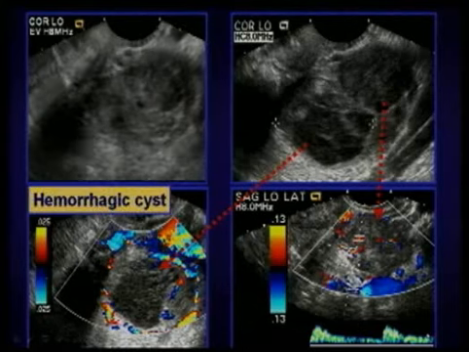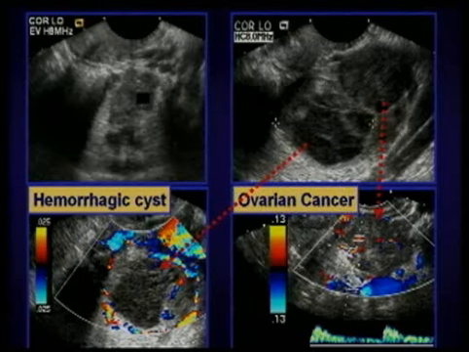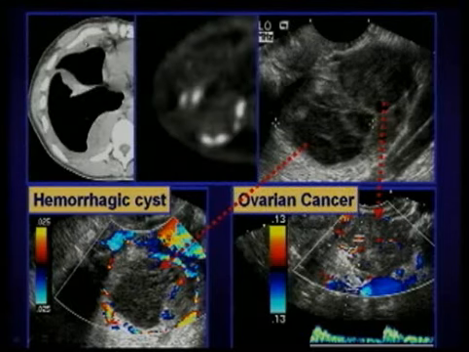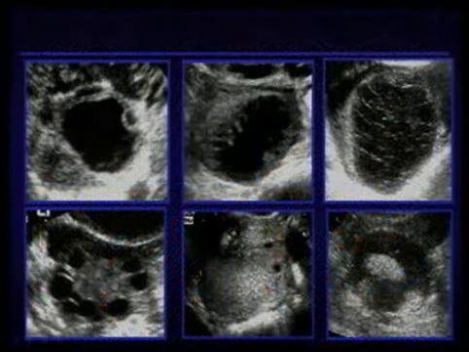We have to be worried, and therefore we were right to be worried. This patient actually presented with a primary tumor in the lung of unknown etiology, and by doing this ultrasound, we were able to say for sure that this was not a hemorrhagic process. This was a solid mass in an ovary due to, in this case, ovarian cancer.